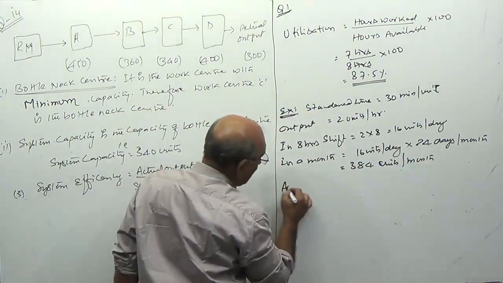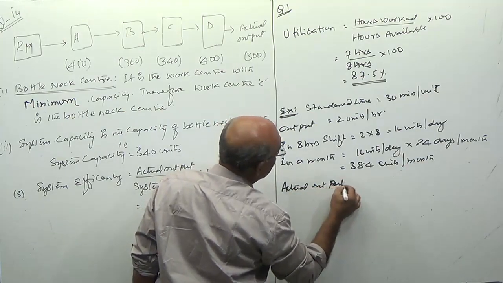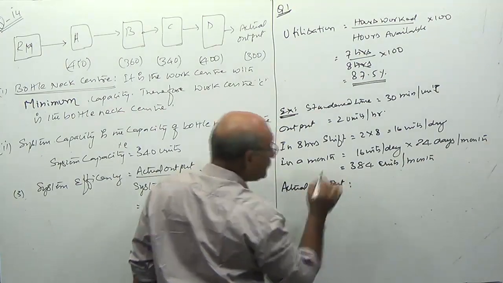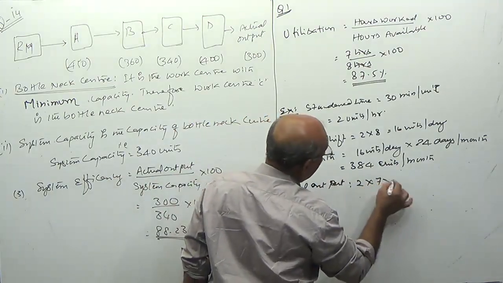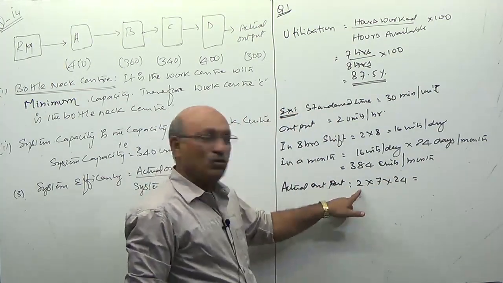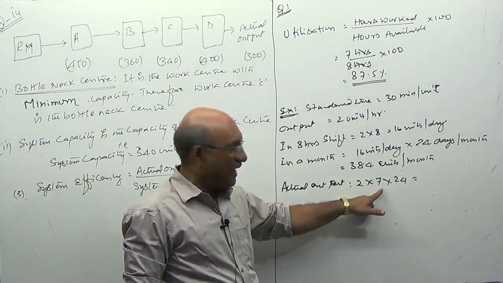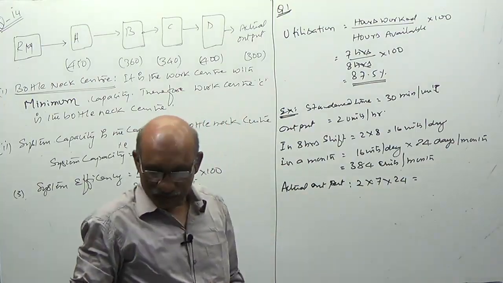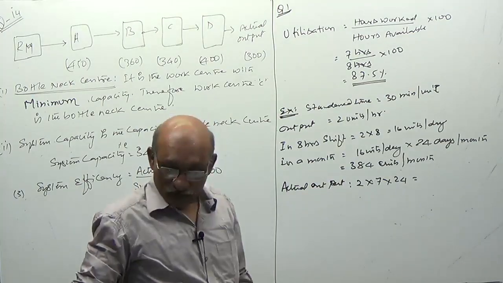Let us calculate actual output. So he is working 7 hours only, so 2 units per hour into 7 hours in a day into 24. So this is 2 into 7 into 24.